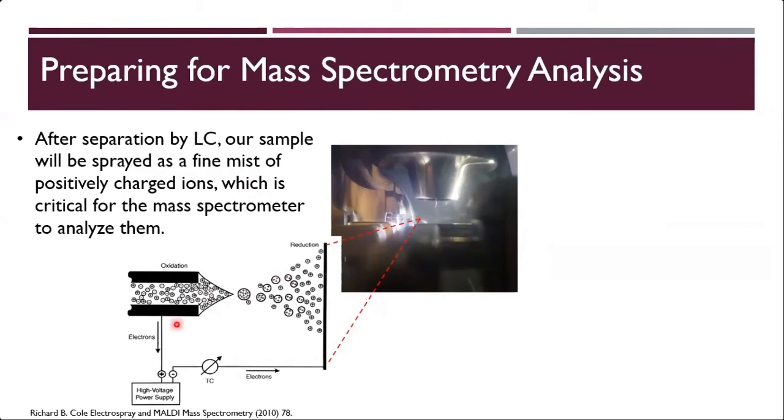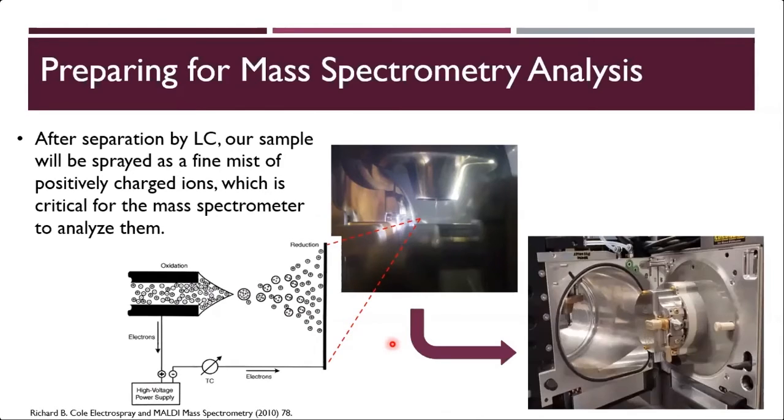So here you can see this little picture. Our sample is coming out through here as a mist, and here we're going to have the small particles with a positive charge. The positive charge is really important for the mass spectrometer to be able to analyze these molecules. So this is a very important step.